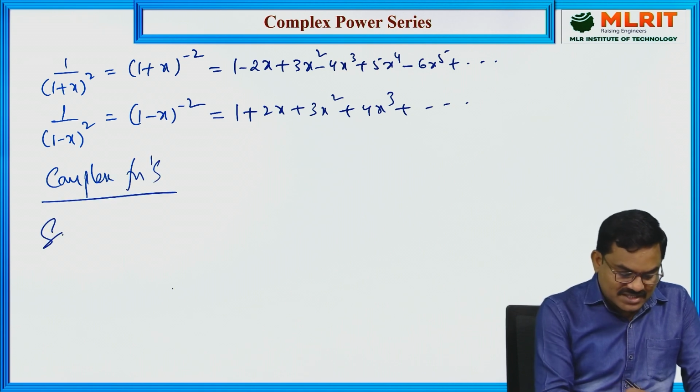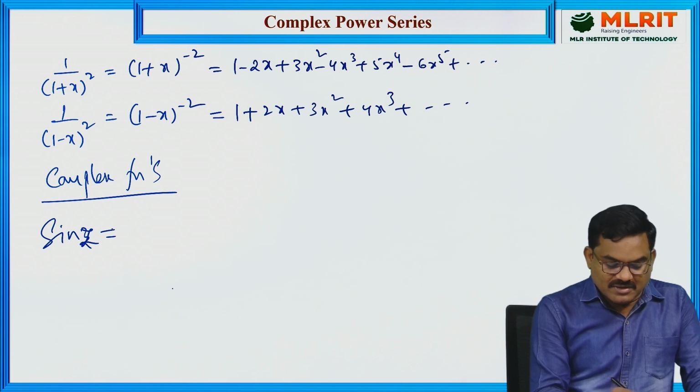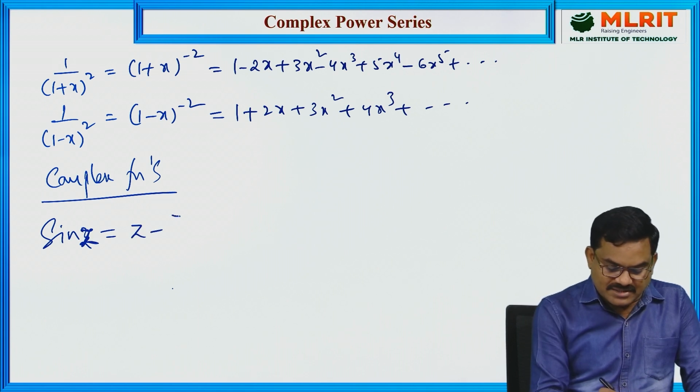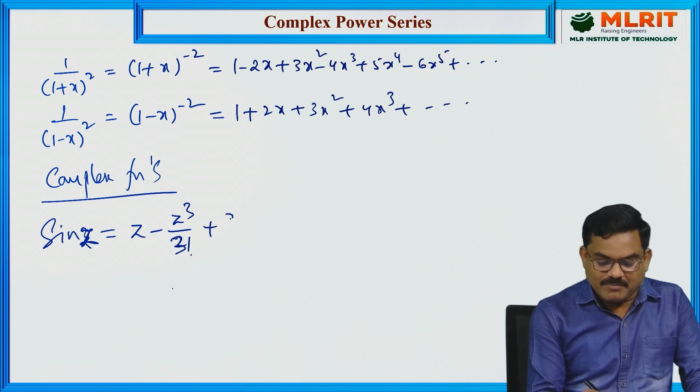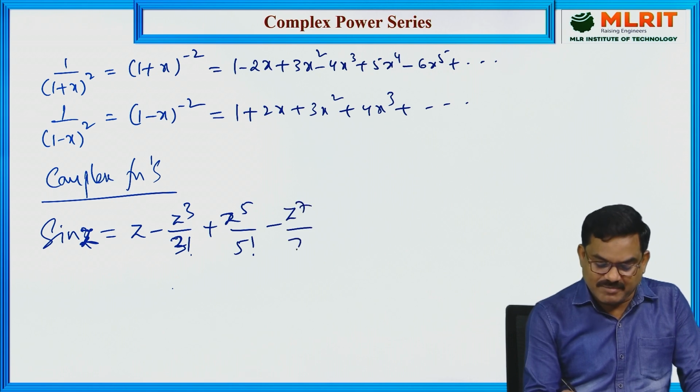The same thing, sin z expansion. So sin z, z minus z cube by 3 factorial plus z power 5 by 5 factorial minus z power 7 by 7 factorial and so on, odd powers.